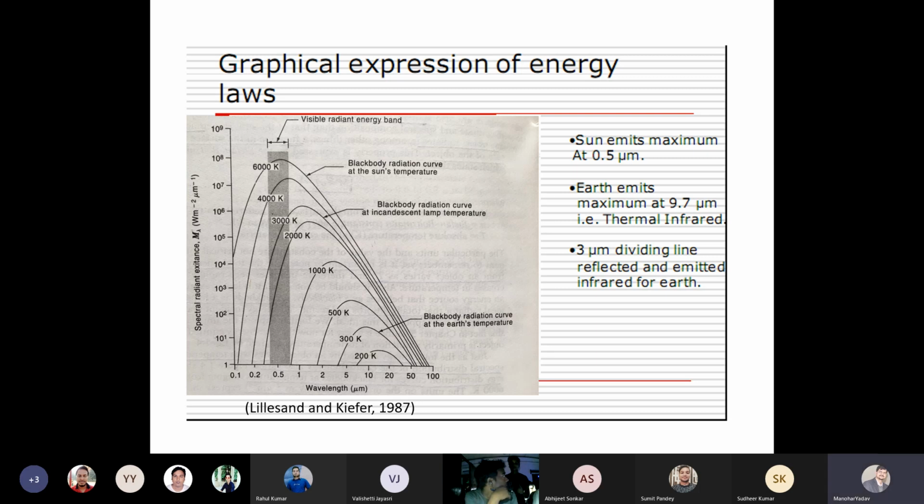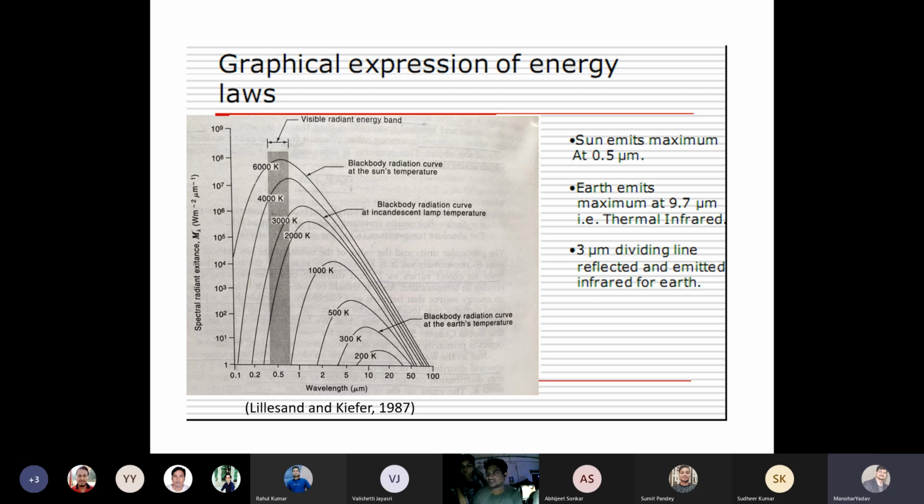Applying that formula, any object which has a temperature more than 0 degree Kelvin starts radiating energy. It is valid for the Earth also. So at 300-degree Kelvin, the Earth radiates its own energy and acts as an energy source. But that radiated energy component starts from 3 micrometer. It means below 3 micrometer we don't have the radiated component.